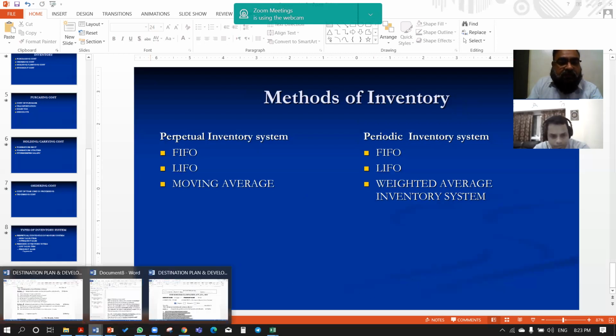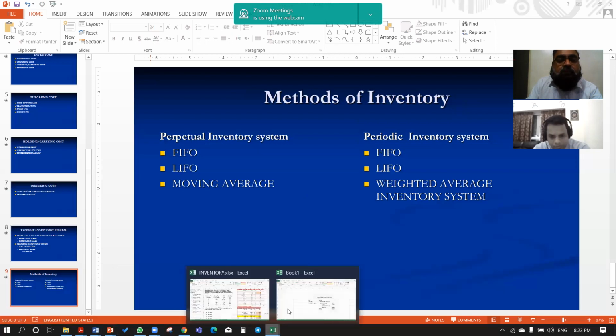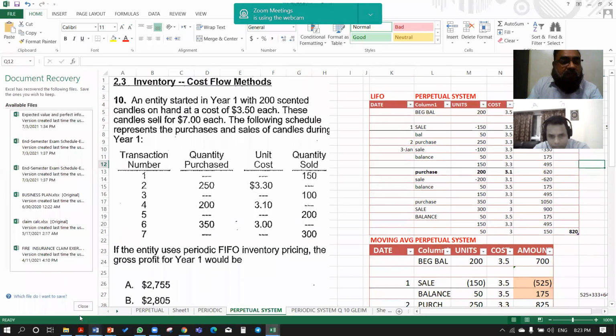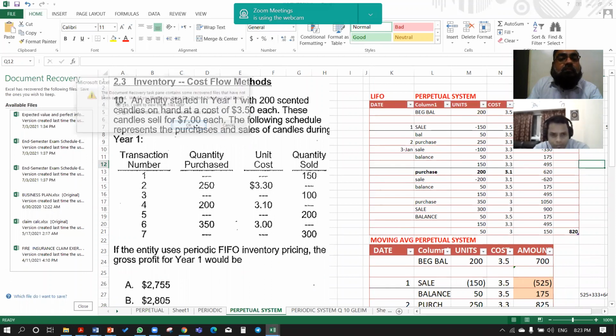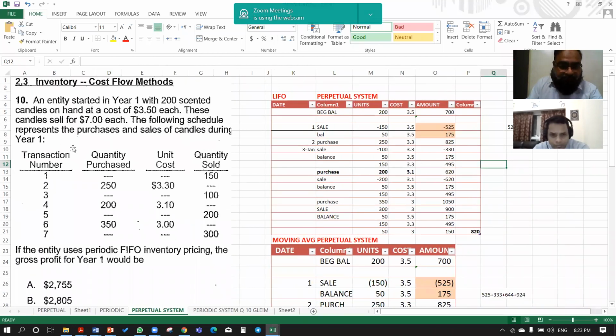Let's say here, this is the question we have. It says an entity started in year one with 200 scented candles on hand at a cost of $3.5 each. These candles sell for $7 each.